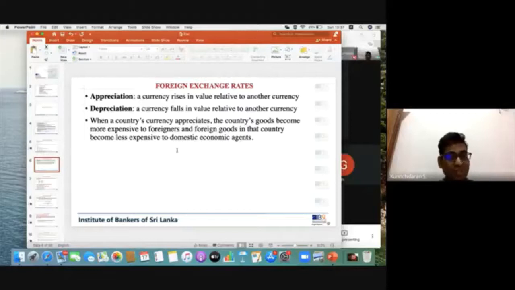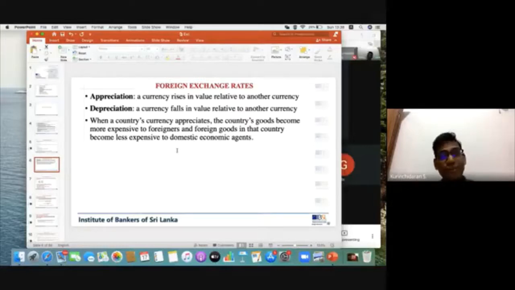Similarly, foreign exchange, that is the price of a currency in terms of another currency, can go up, can go down, right? So then that will affect the value of the currency. In a goods market, you can say the price changes are inflation or maybe deflation. If prices are going up, inflation. If prices are coming down, deflation.